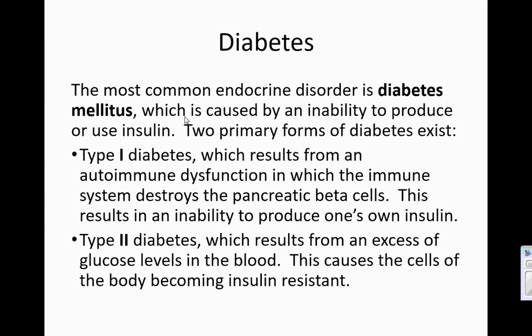Now there are several types. The two primary types are listed here that you have to know: type 1 and type 2. Type 1 is known as insulin-dependent diabetes because these people have to inject or have an insulin pump to get their insulin because their body doesn't produce it anymore, and it is because the immune system destroys the beta cells that produce the insulin.